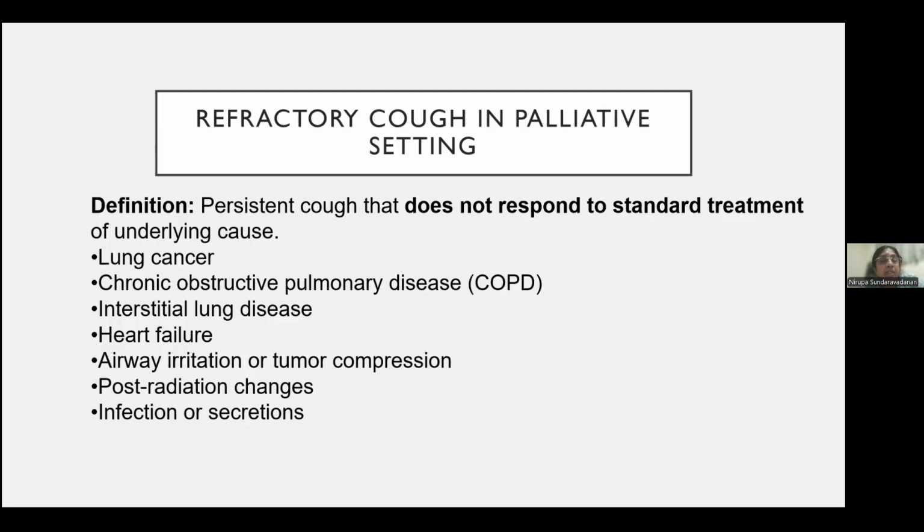Could also happen in interstitial lung diseases. Could happen in heart failure, where they have chronic long-standing pulmonary edema. Could occur due to airway irritation or tumor compression. You could see chronic cough post-radiation, and it could also be due to infections or secretions sitting in the bronchial tract.